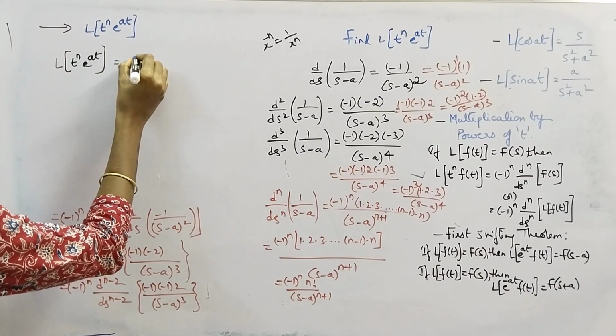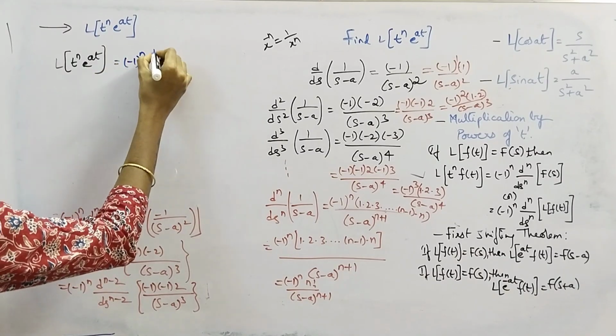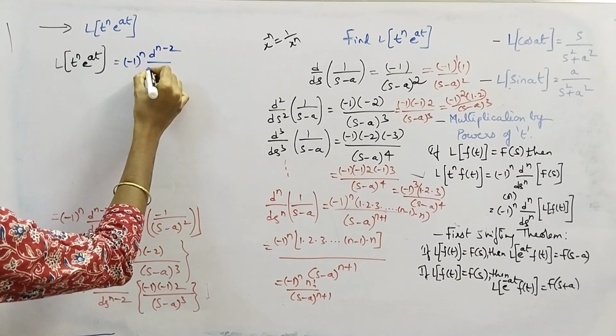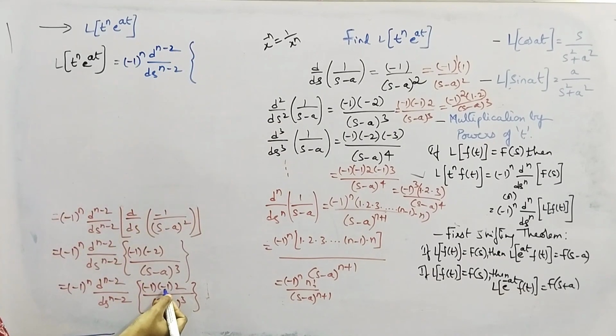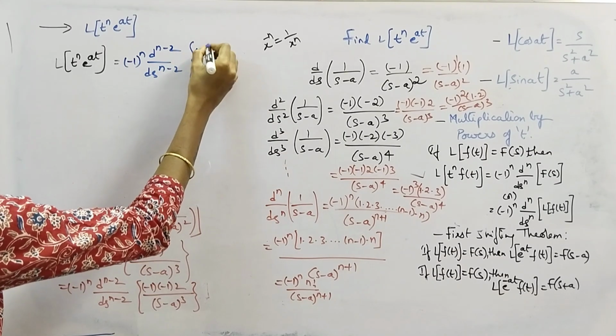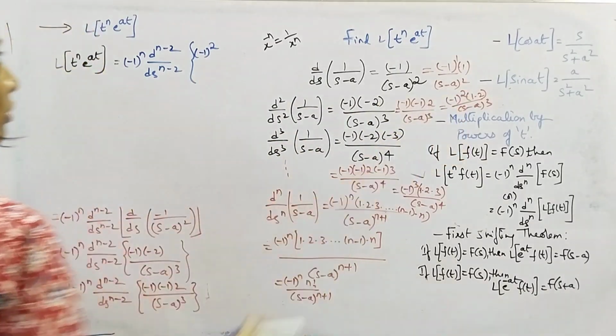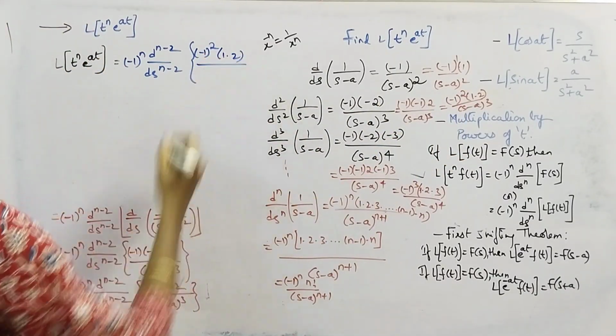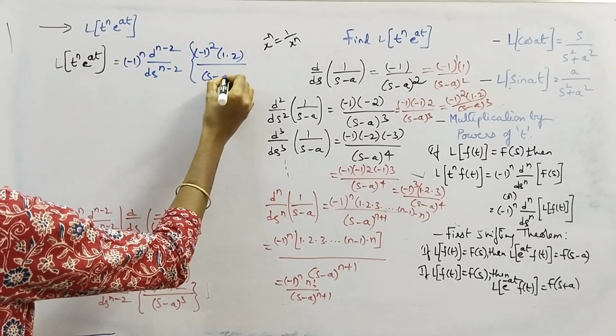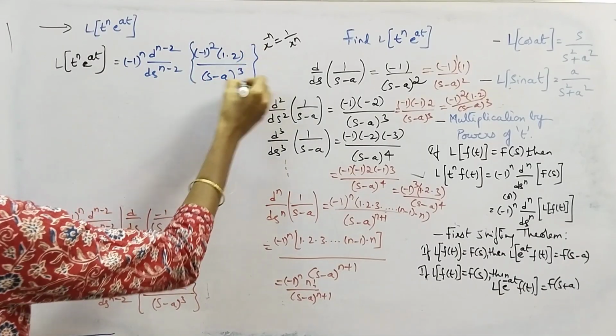Minus 1 power n into d power n minus 2 by ds power n minus 2 into minus 1 into minus 1, which can be written as minus 1 whole square. That is what we have written here. Into this 2, I'll write this 2 as 1 into 2 by s minus a whole cube.